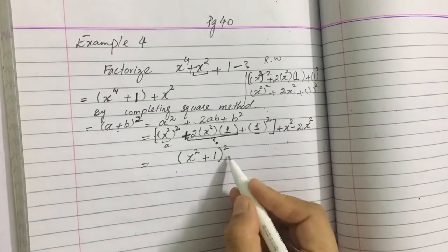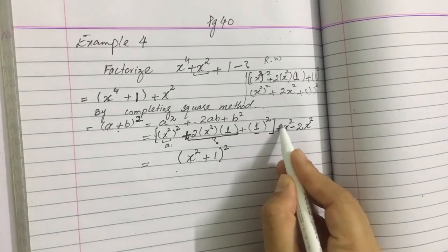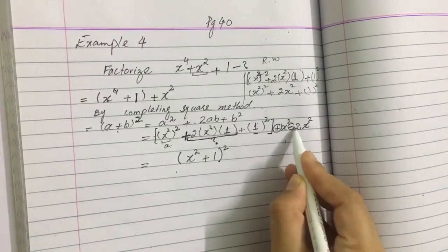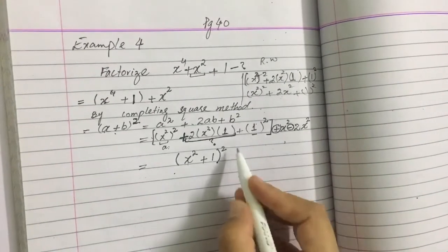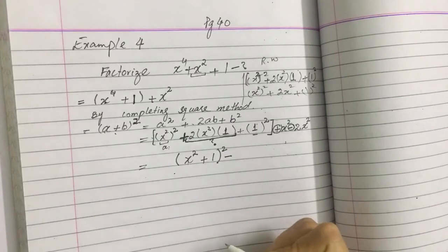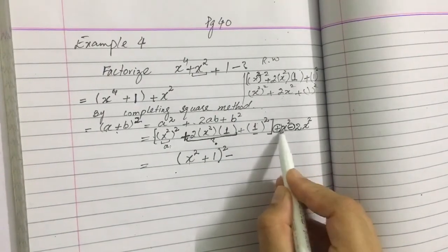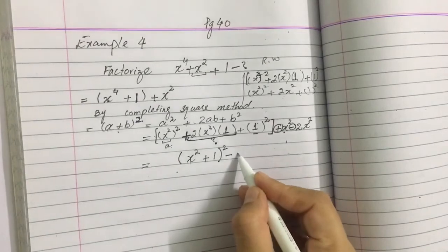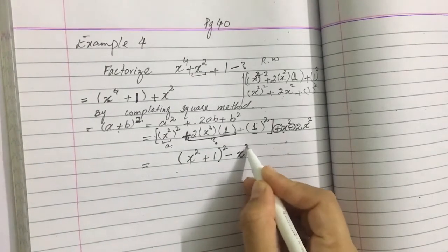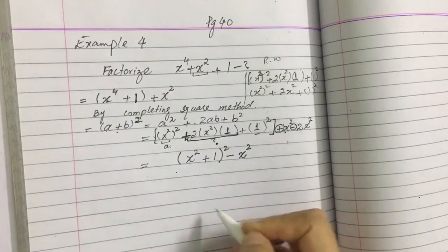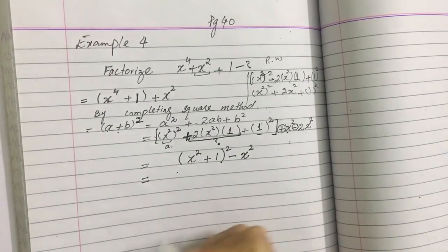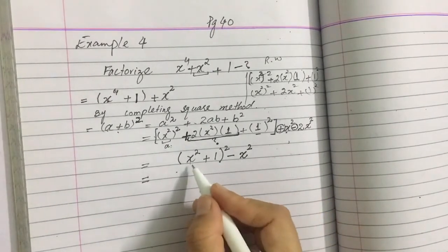Now solve this. Opposite signs get subtracted and sign of bigger value is used. Sign of bigger value is minus. I will use minus here, but I will subtract these two values. 2 minus 1 is 1, so I will write 1x square, that means only x square.